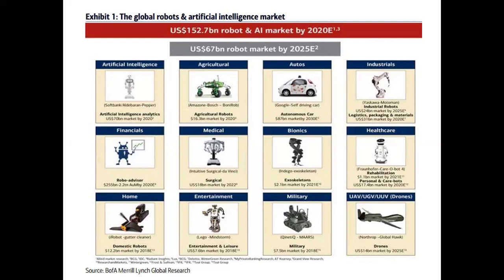Then the industrial segment, financial segment, medical segment, and what we call bionics. Bionics means replacement by artificial hands and artificial legs. That is also a very big market right now.